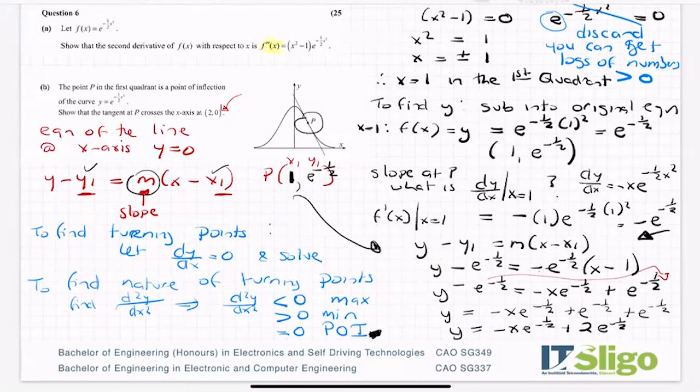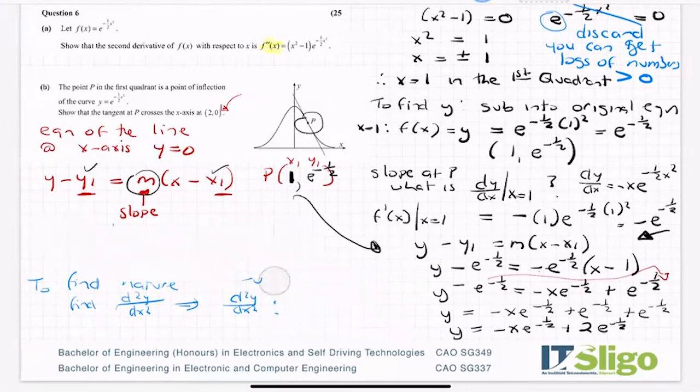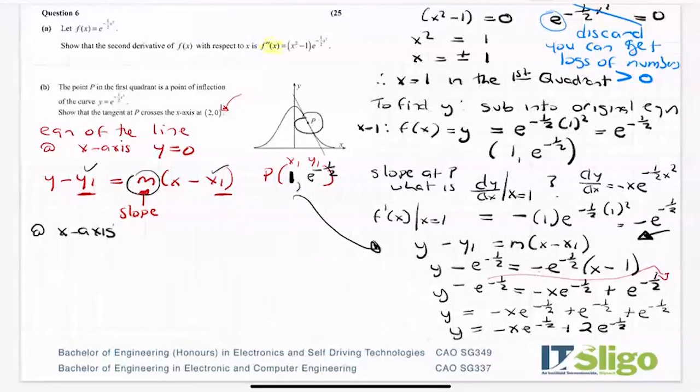Okay, I'm just going to rub off this theory now over here just so we can finish it off, because I have to show that the tangent at P crosses the x-axis at 2, 0. Okay, so I will write down here at the x-axis y is equal to 0.